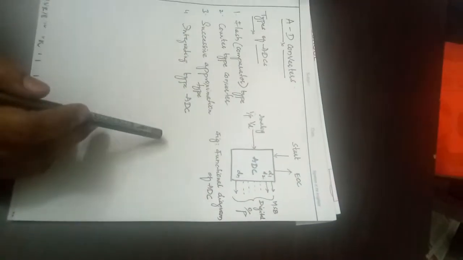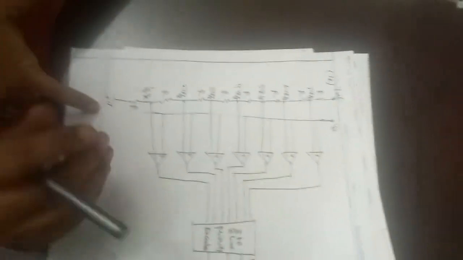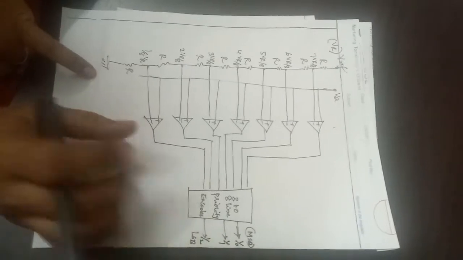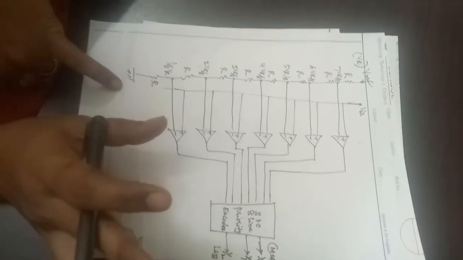So here there are four types of ADCs: flash type, counter type, successive approximation type, and integrating type. First we'll say flash type comparator ADC. Why is it called flash type comparator? It is going to convert the analog input signal into digital within a fraction of a second. So it's like a flash.